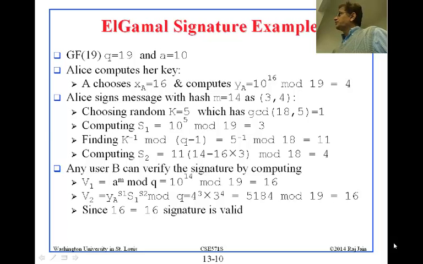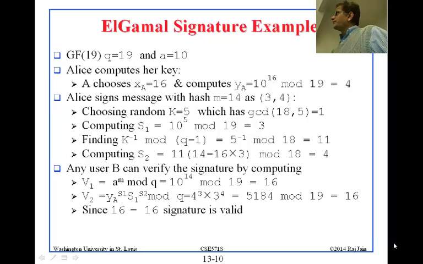S1, S2. Now, any user can verify the signature by computing V1. V1 is a raised to m mod q. M is 14, mod 19, and you can calculate that to be 16. Then V2 is YA raised to S1 and S1 raised to S2. So YA is 4.